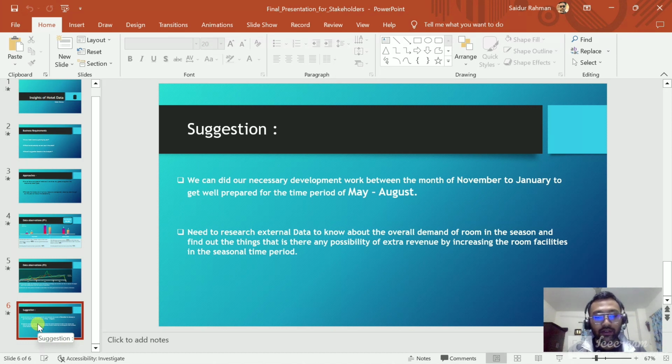A question arose in that analysis process, by myself. The question is related to the possibility of extra revenue: is the hotel capable of generating an extra amount of revenue? For that I need to analyze external data, which I don't have.